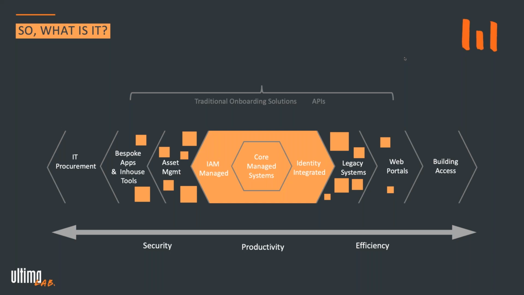Bespoke systems and apps can be a little bit more tricky. They might not have APIs, they might not be built properly to be able to leverage connectors, etc. And then we obviously have web portals, etc. And if you move even further out to IT procurement systems and building access systems, it's very unlikely that traditional onboarding solutions are able to automate those or include those as part of the join, move and leaver process.